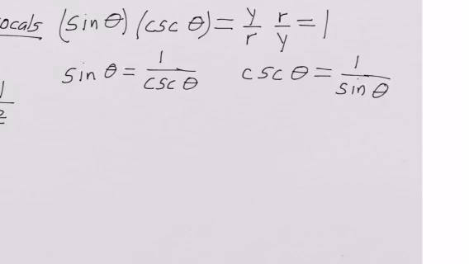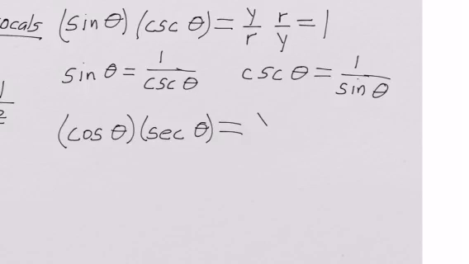Similarly, we can look at cosine theta times secant theta. If we recall, by definition, the cosine of theta is x over r, and then the secant of theta is r over x.